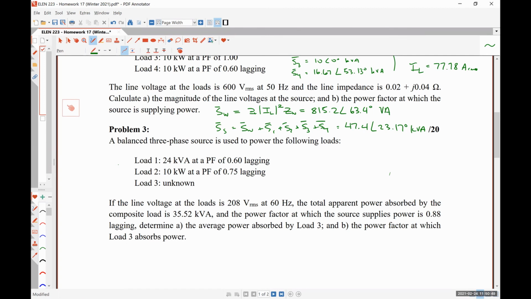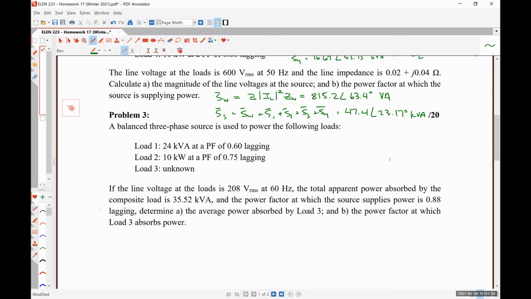We know that the apparent power absorbed by the composite load has a particular value, and the power factor at which the source supplies power is something. So literally find the complex power supplied by the source, subtract from it the complex power absorbed by loads 1 and 2, which should give you the complex power absorbed by load 3. And from that, you can find the average power and the power factor pretty trivially.